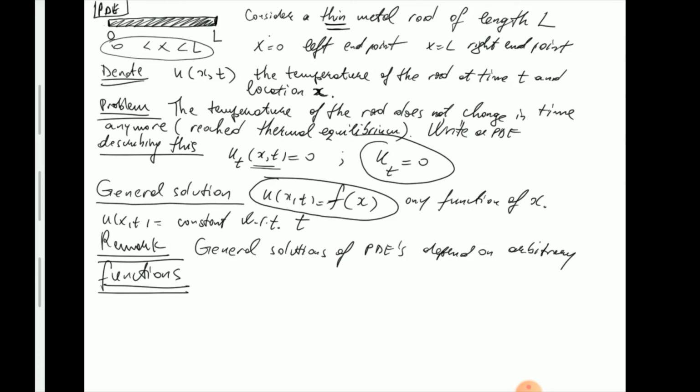Now, for this problem with the metal rod, you can guess a little bit that I should probably know the temperature in the beginning at all locations, right? So I should probably know something like this: when time t equals 0, what is the temperature at each location?